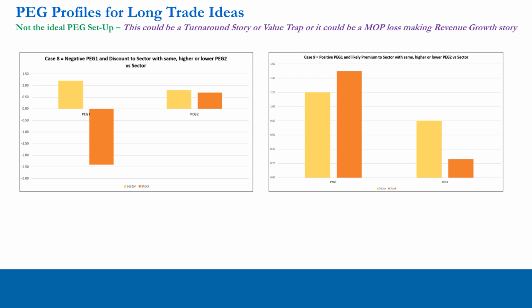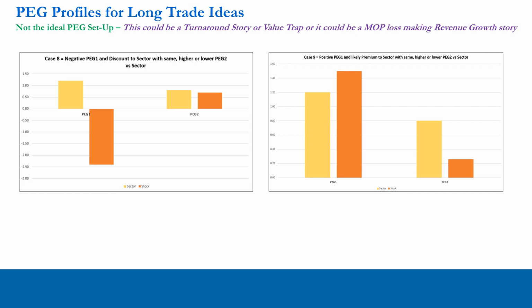So the issue here is that the PEG is not reflective of reality. The PEG 1, when you divide a negative by a negative, is going to come out as positive, and it could likely be on a premium to the sector. So it doesn't reflect the reality of the situation. So we put a lot less importance on PEG ratio for case number 9.